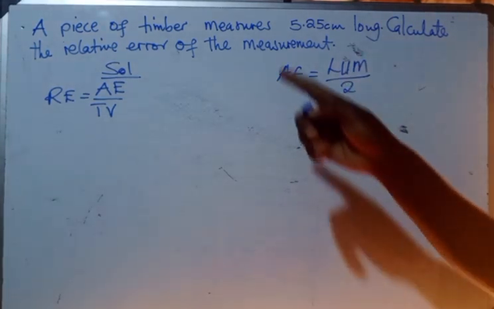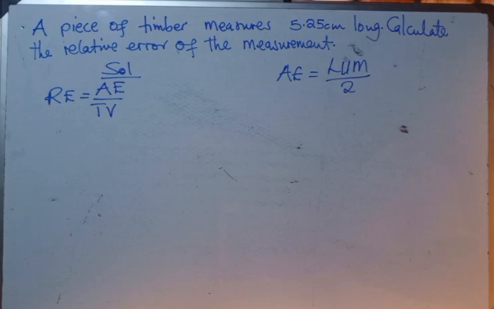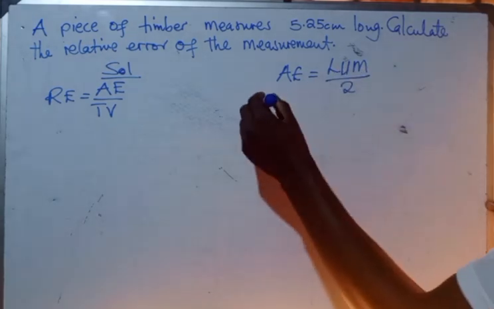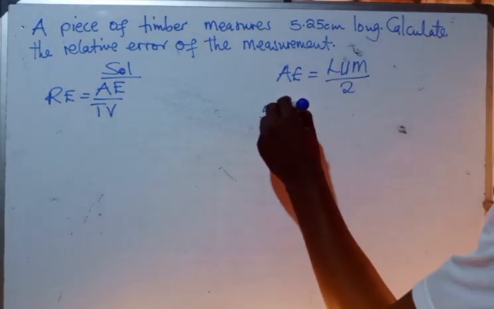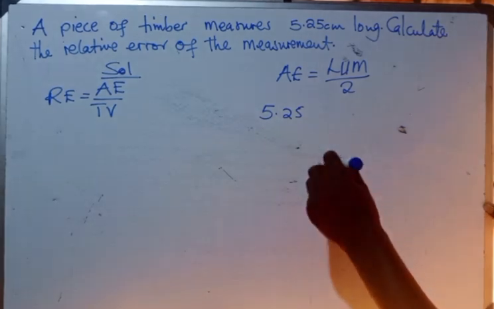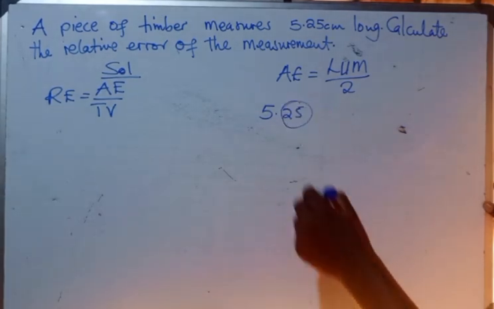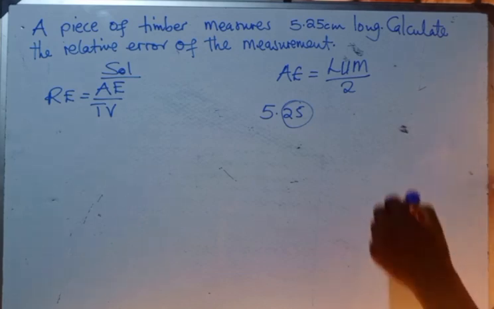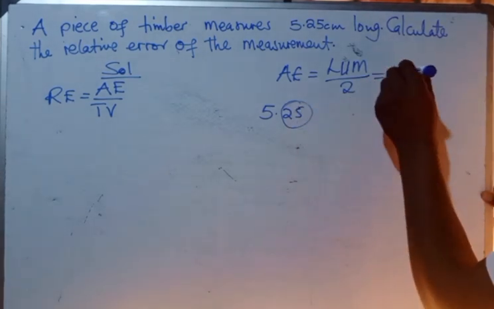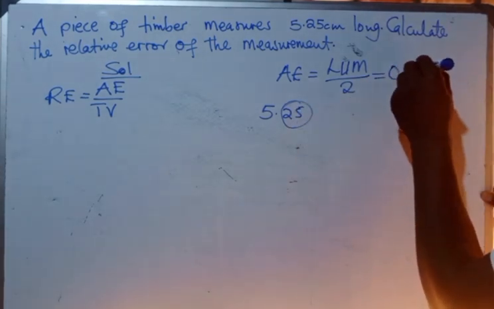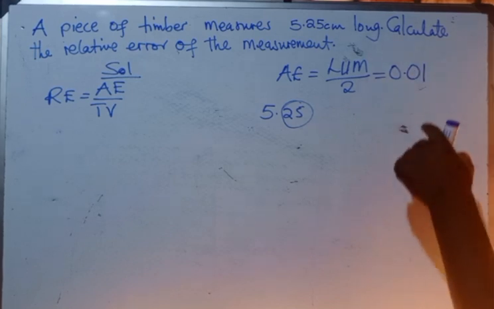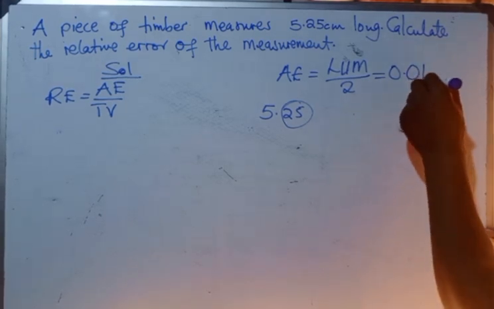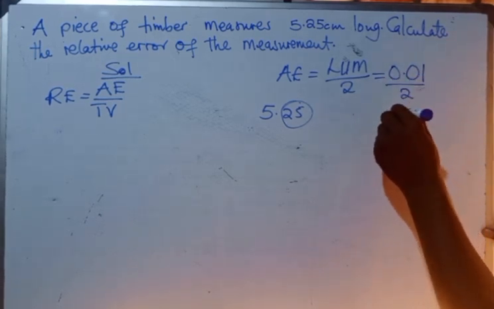Now, what is the least unit of measurement of that? The number is 5.25 because it's a decimal number and it has 2 decimal places. So the least unit of measurement of this number is 0.01, 2 decimal places. Therefore, you divide by 2.